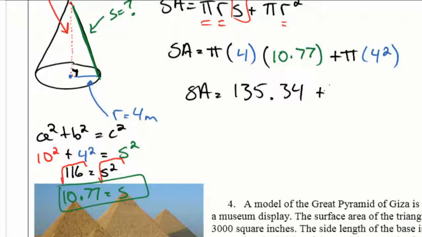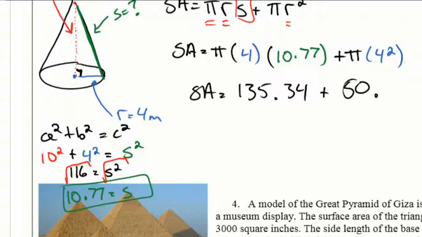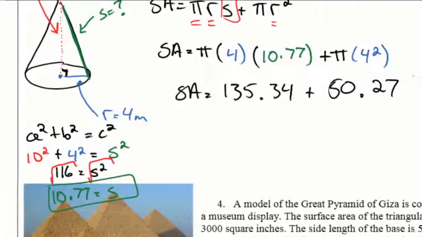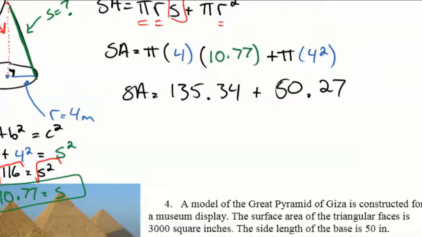I'm going to add to it pi times 4 squared, or pi times 16. It's going to give me 50.265, so 50.27. I'm going to add those together.